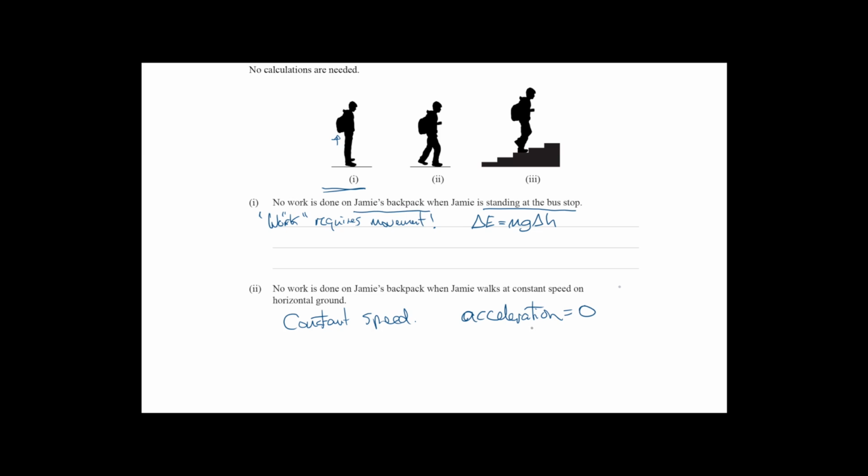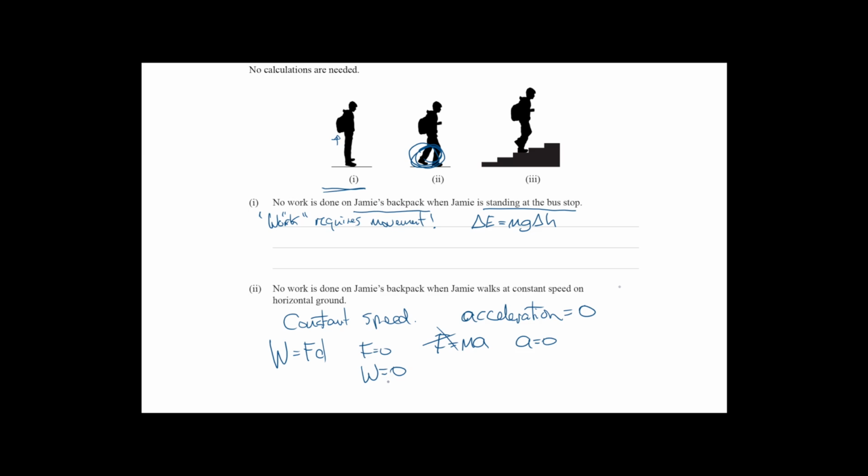It's not technically true because his legs keep having to accelerate him every step, but we'll sort of imagine he's like a robot Jamie, and he has like a wheel instead of legs. Okay. Force is mass times acceleration. And if acceleration equals 0, then there's no force. No force, there's no work. Because work is force times distance, and if force equals 0, the work equals 0 as well. I know it says no maths, but there we go.